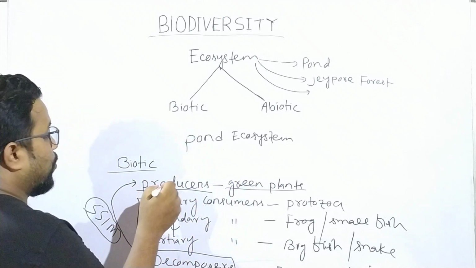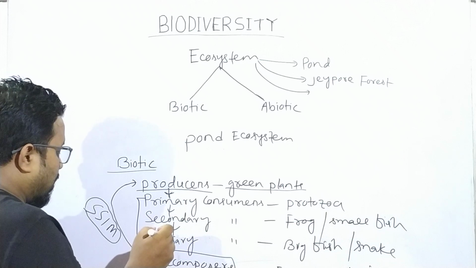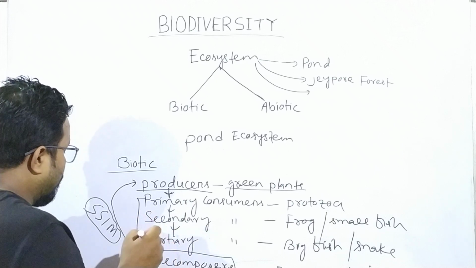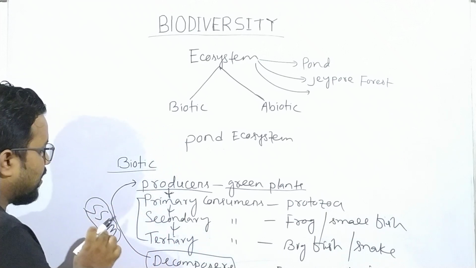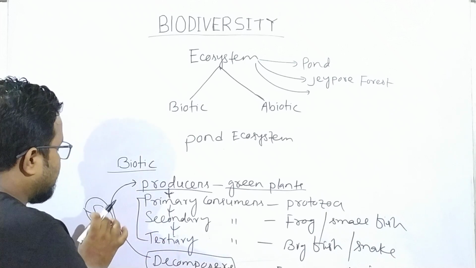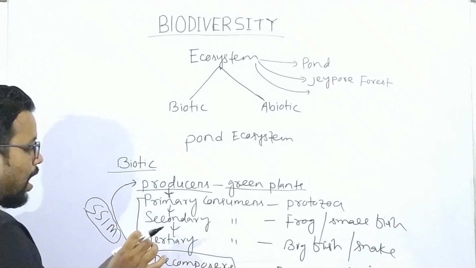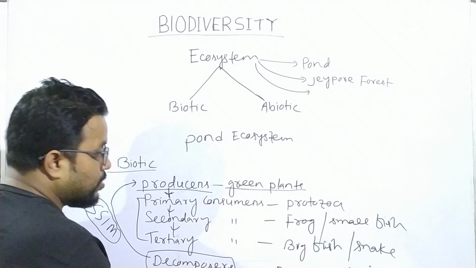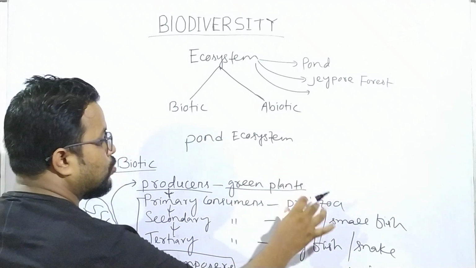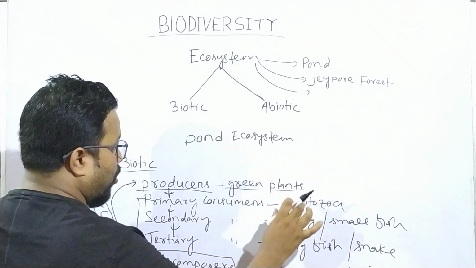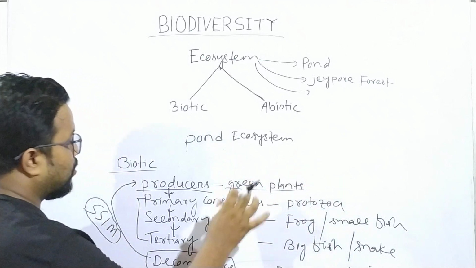Now these producers are taking the food called simple soluble inorganic molecules, which are made by decomposers from the death of protozoa, frog, big fish, which are primary, secondary or tertiary consumers.